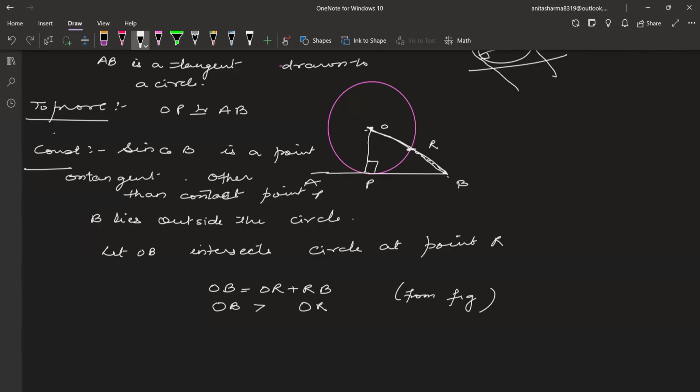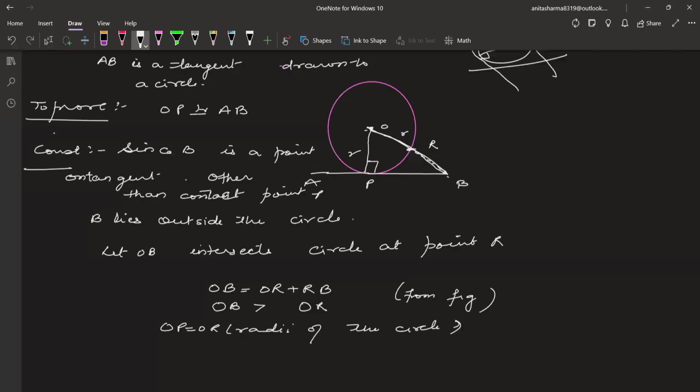Yes, ma'am. Correct? And if you are seeing that OP is equal to OR, both are the radii of the circle, right? This OP and this OR, both are the radii of the circle, right?